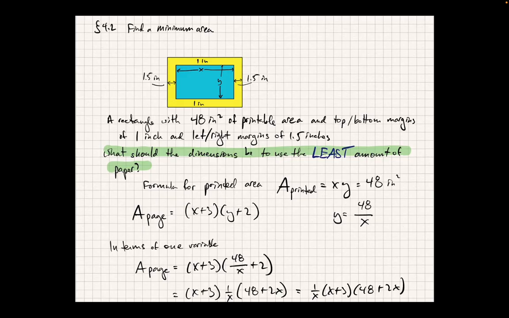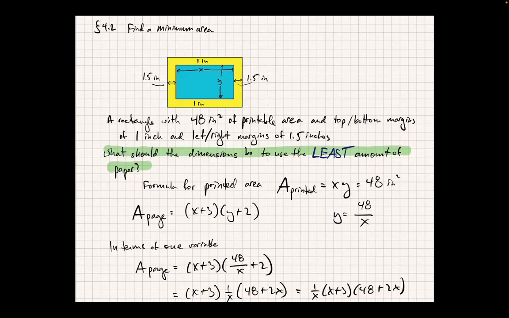So this is all stuff that I've been doing. My customer, or my client, or my boss has come to me and said, I need this page with this. What dimensions should we choose to have the minimum amount of paper being used? The whole page. So sometimes when you're reading a problem like this, you have to interpret what they mean, what they're looking for.